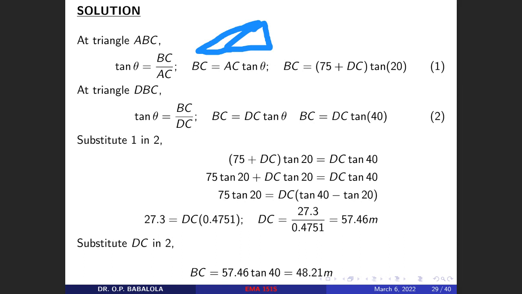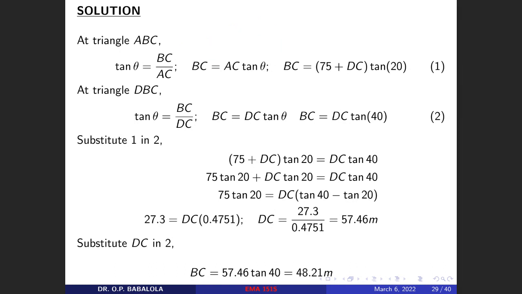So just to remind ourselves, we're looking for this part. Just to remind ourselves of that triangle. Now, this is A.